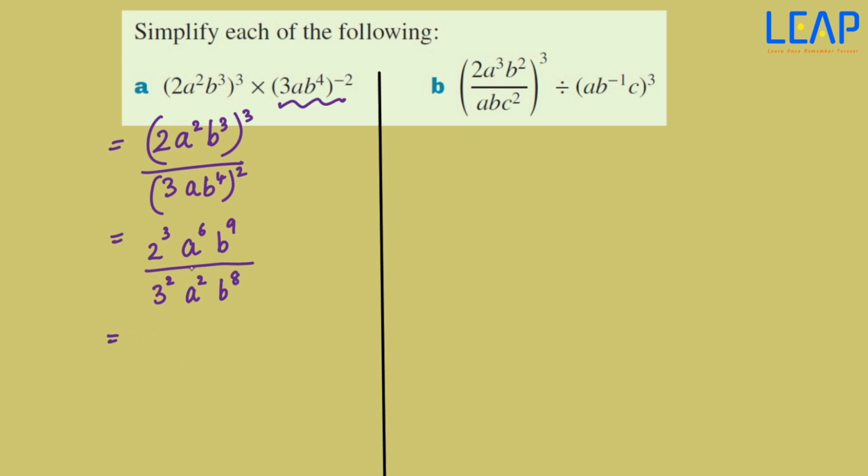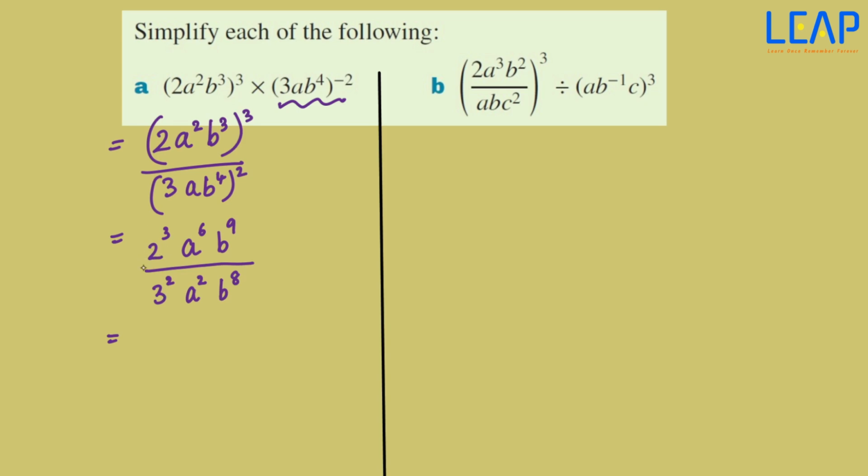Now we can apply the law of index number 2, which is when you have the same bases and division in between, you subtract the exponents, right? Before doing that, if you look at these numbers, they don't have anything in common. They don't have the same base, they don't have the same exponent, nothing, right? So the numbers will stay as they are in their simplest form.